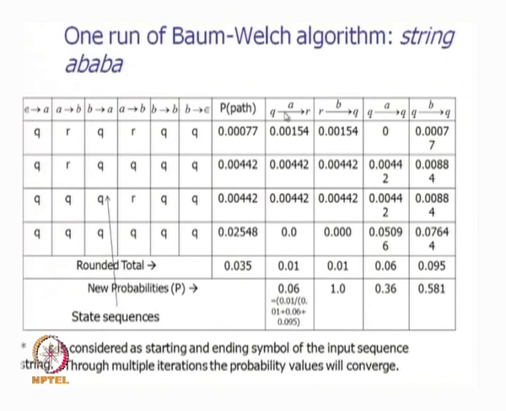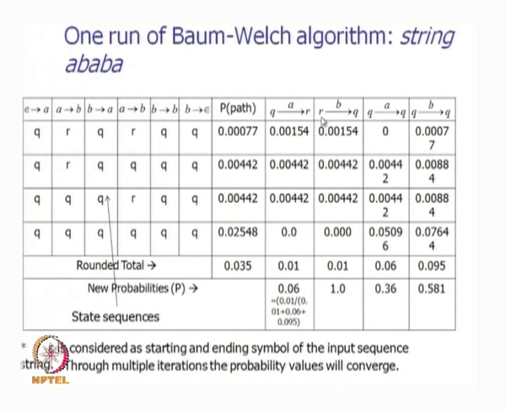I have to sum all these probabilities, and having taken the sum and rounded it to 2 places of decimal, we obtain the new expected count of Q to R on A as 0.01.